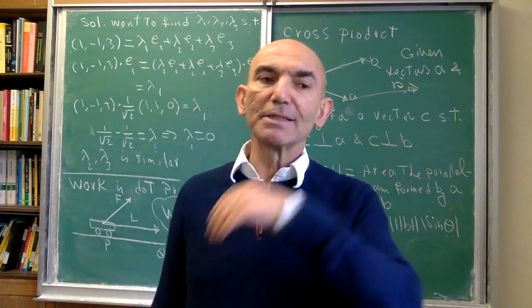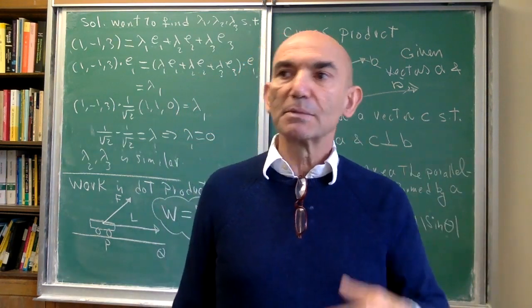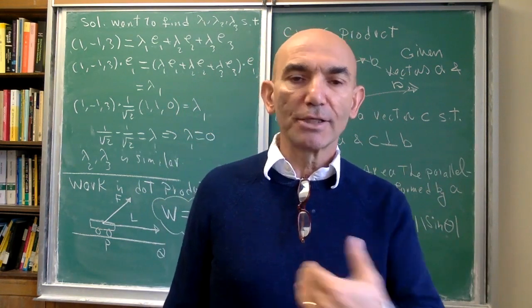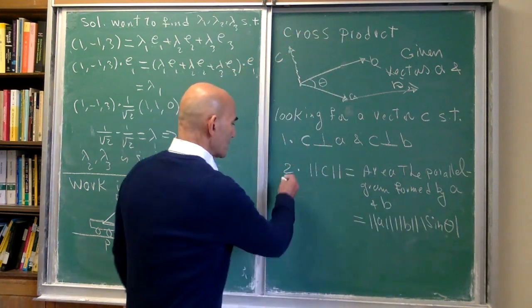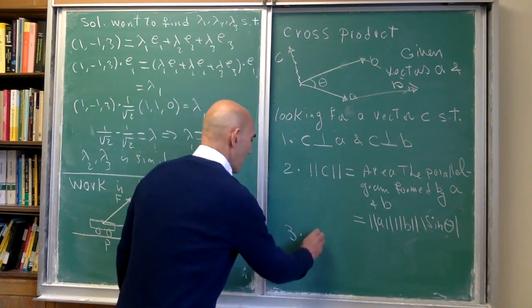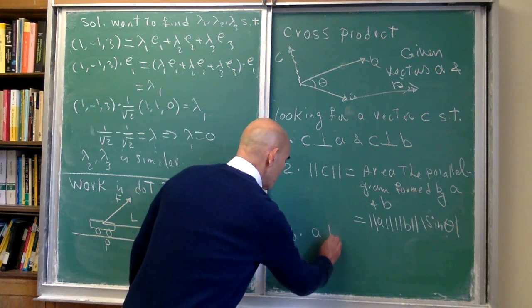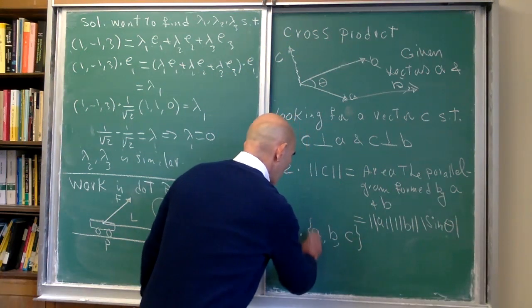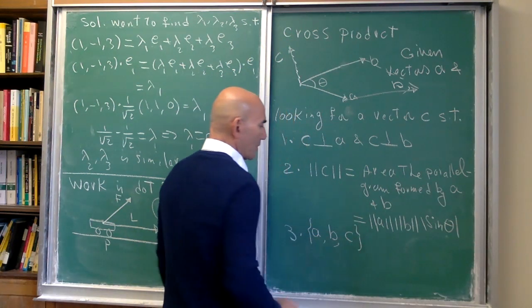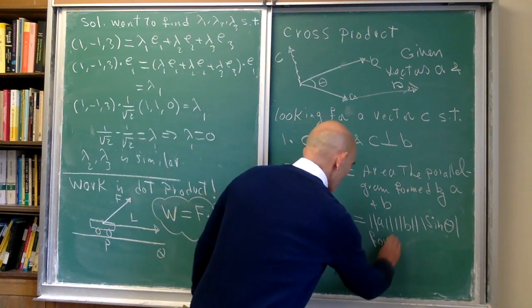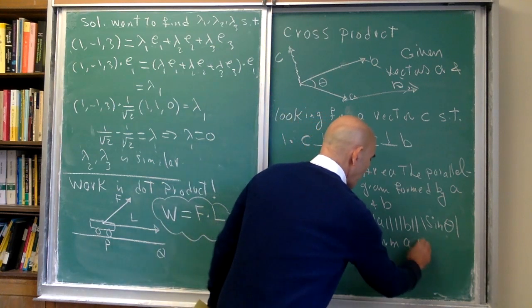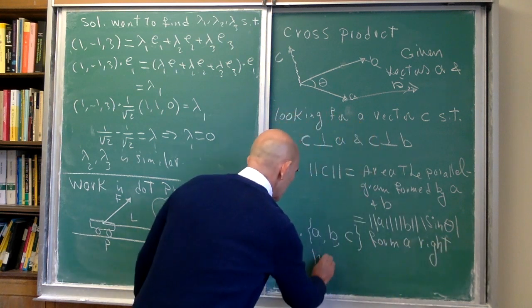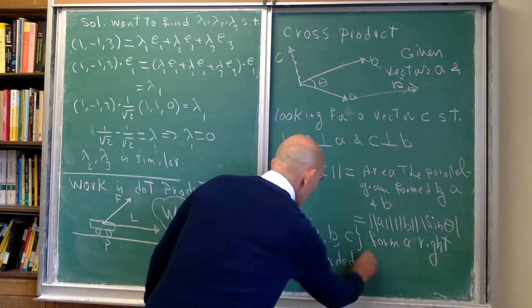And that's where the idea of right-handed systems, right-handedness or orientation, and the right-hand rule comes in. So the third property then is that A, B, and C, again with this order that I'm writing, form a right-handed system.